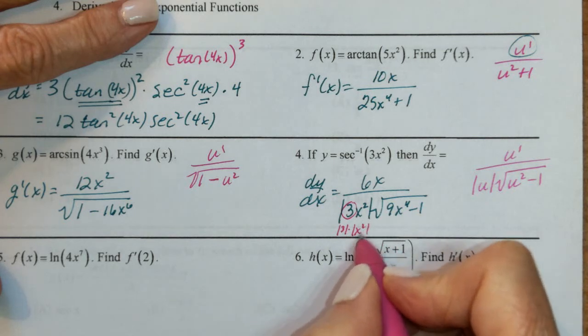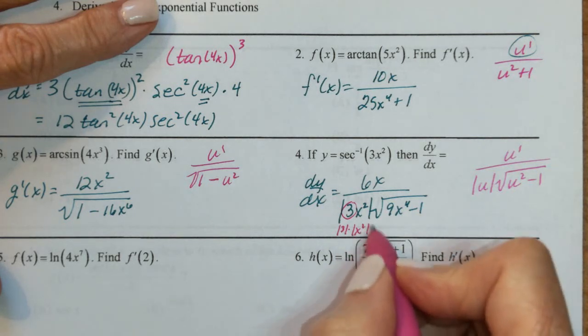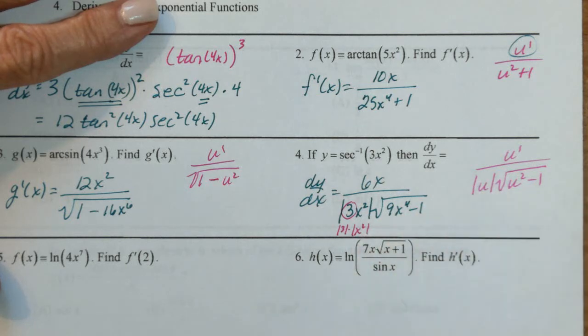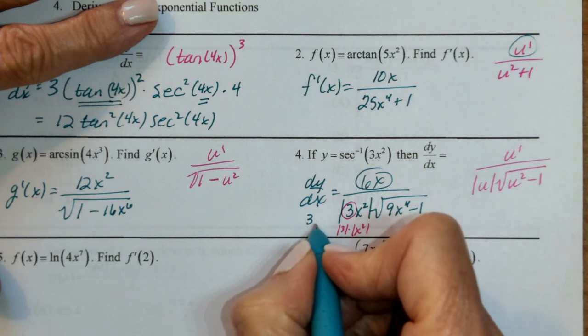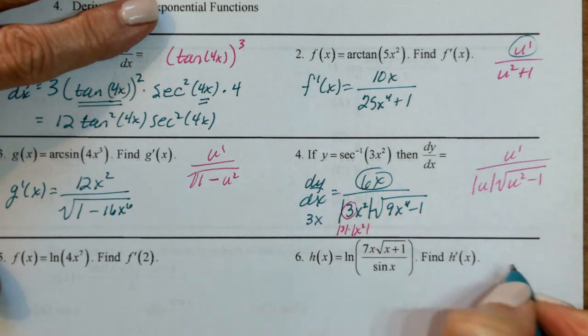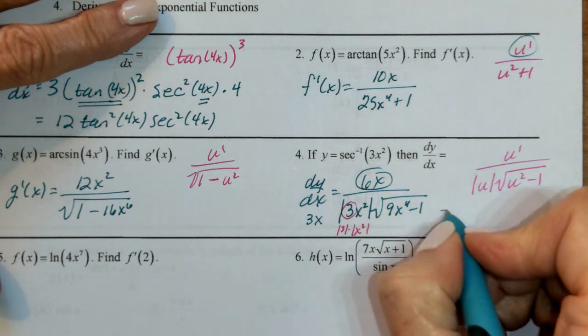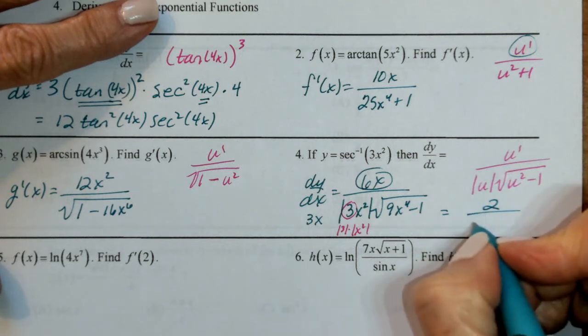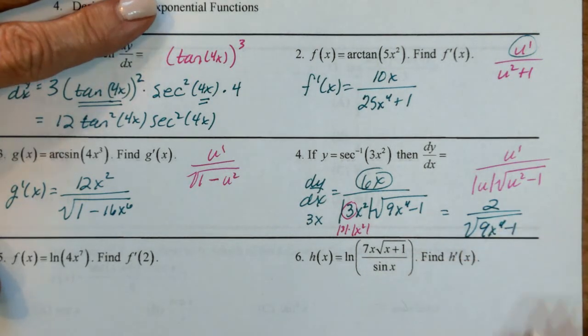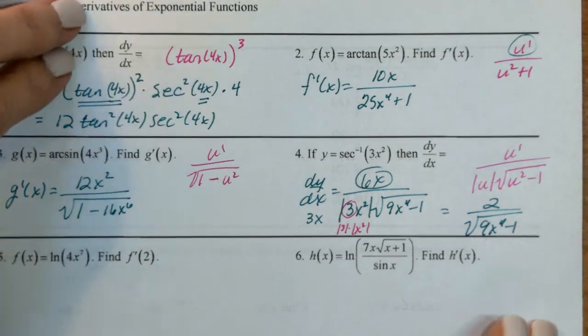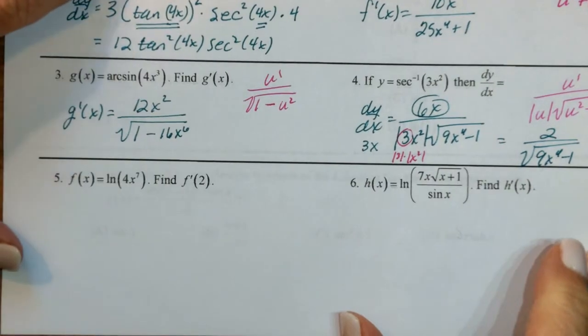Well, if you square x and then take the absolute value, it will always just be x squared, correct? So we're going to have here 6x divided by 3x, which is just 2. So simplified, this would be 2 divided by the square root of 9x to the 4th minus 1. That would be the multiple choice answer.